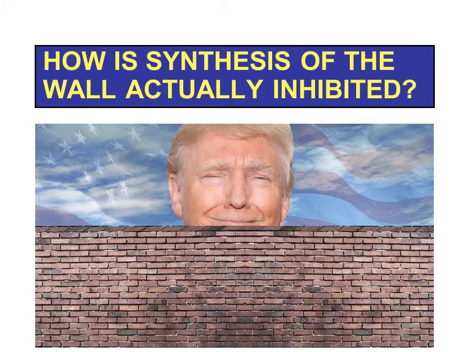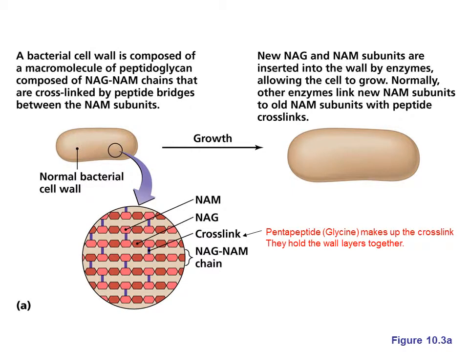How is synthesis of the wall actually inhibited? In this image, what we're looking at is 2 main sugar units, the NAM versus the NAG. The NAM has these cross links attached.